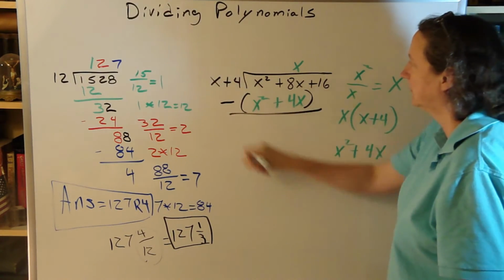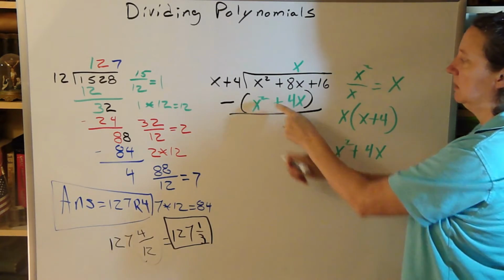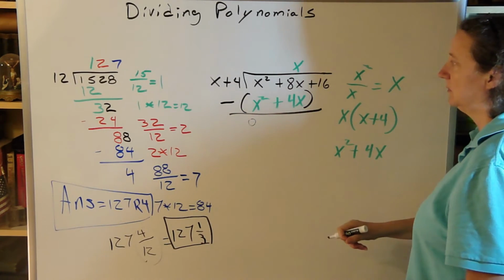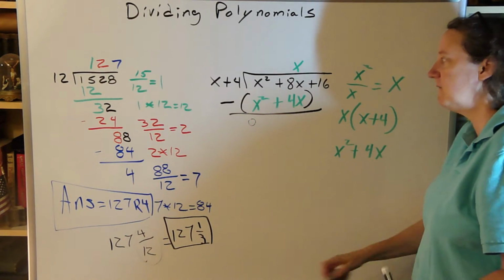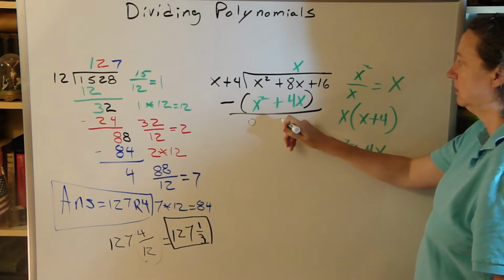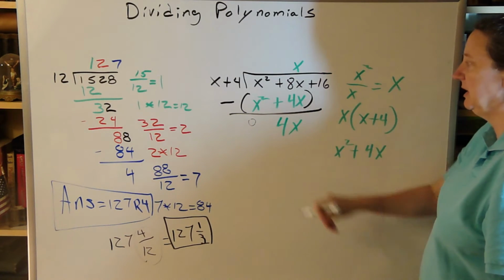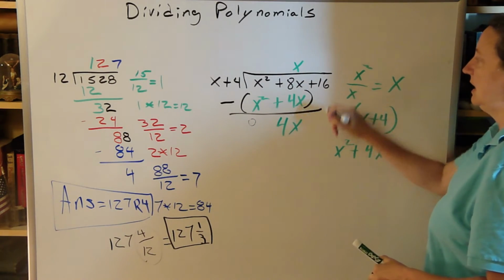So I have x squared minus x squared. That gives me 0. I have 8x minus 4x. 8 minus 4 is 4. And it keeps the x with it. Then I carry down my plus 16.